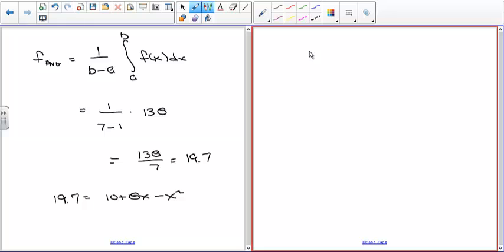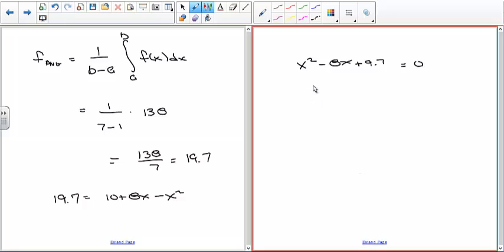So what we can do is move everything to one side. We'll have x squared minus 8x, moving those to the other side. And then we have the constant parts, which are 19.7 minus 10, which is plus 9.7.